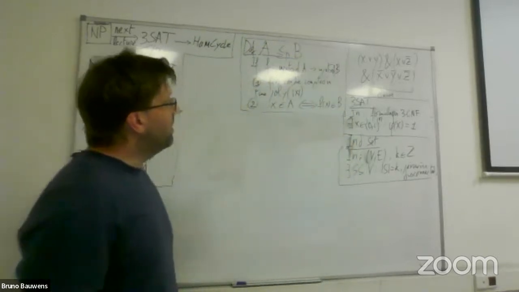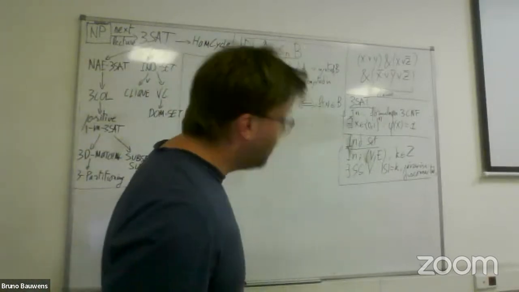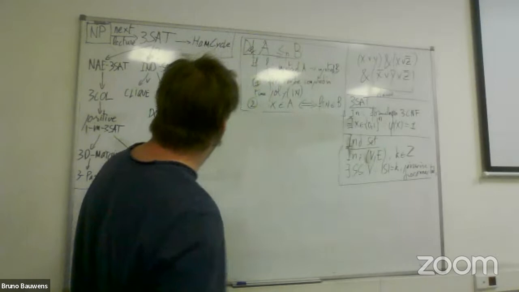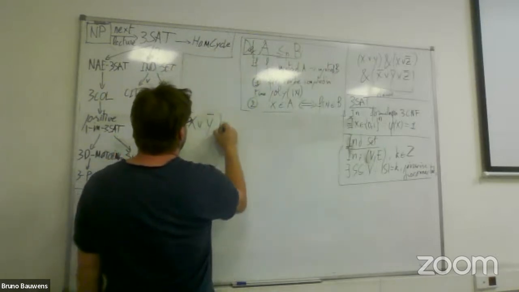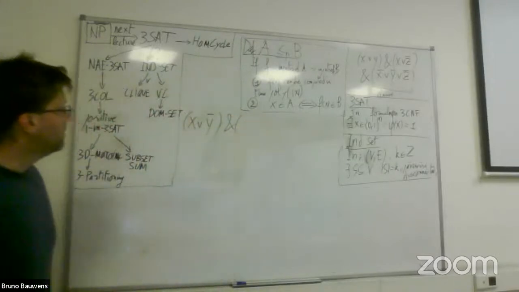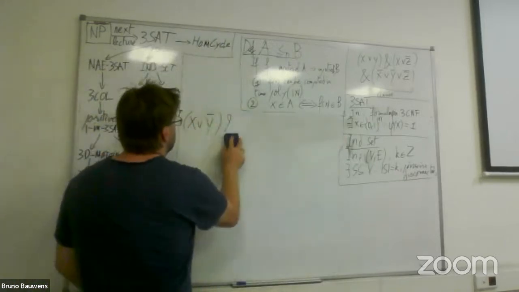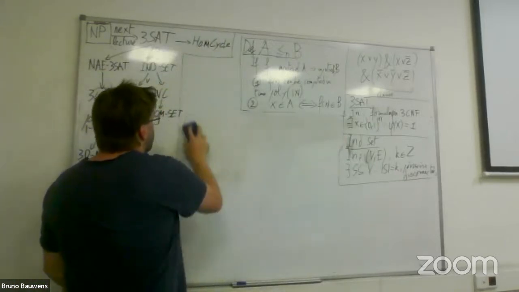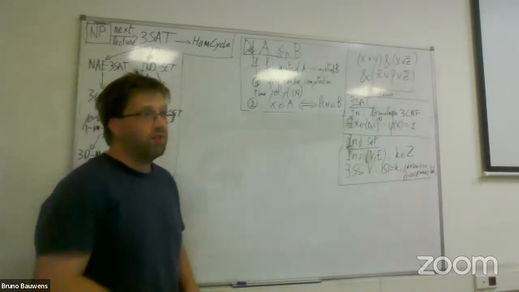So how can we transform it? Let us start with an example. Let's use the same example as before. So let us build the graph. The graph will have a clique for every clause.